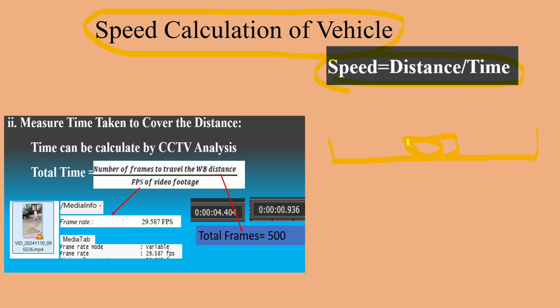If the vehicle is running, take two reference points, A and B, measure the distance while visiting the scene of the site, and then calculate the time, that is, the time taken by the vehicle from point A to point B. This can be calculated using the formula: total time is equal to the number of frames traveled in the AB distance upon frames per second.